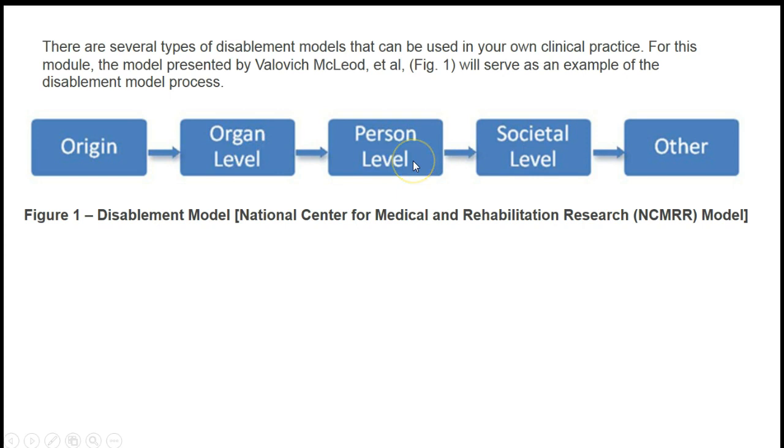Next, we move on to the person level. The person level really encompasses those patient-rated outcome measures. This allows you to determine the effectiveness of the intervention, which we've already talked about in the patient-rated outcome section, so I'm not going to spend a whole bunch of time here. But what I will say is that these tools at the person level really allow the patient to express their thoughts on their ability to perform functional tasks.